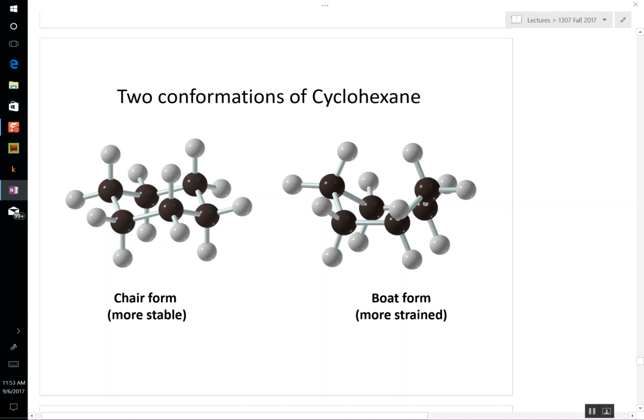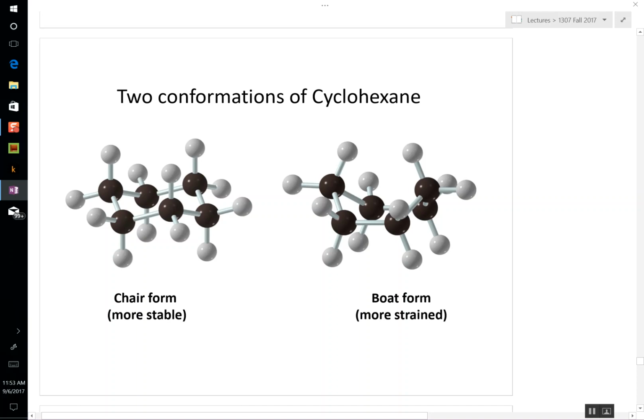Now, if you bop this one up, it becomes like a little life raft. Okay? You see? It's like a little life raft. Boat. There's the boat conformation. So just be aware of that. We're not breaking any bonds. We're just wiggling it into different conformations.